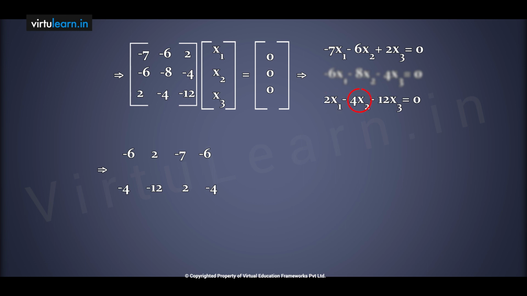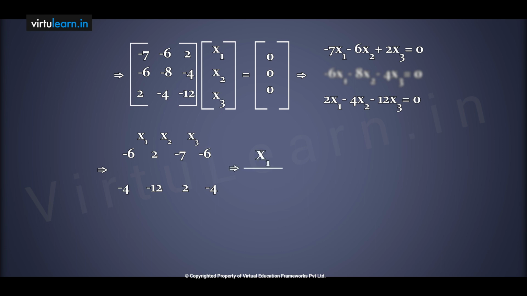Now do the calculation: determinant of first 4 elements, determinant of next 4 elements, determinant of next 4 elements. Now from the first 4 elements, between minus 6 and 2, above those elements you write x1, in the same way x2 and x3.